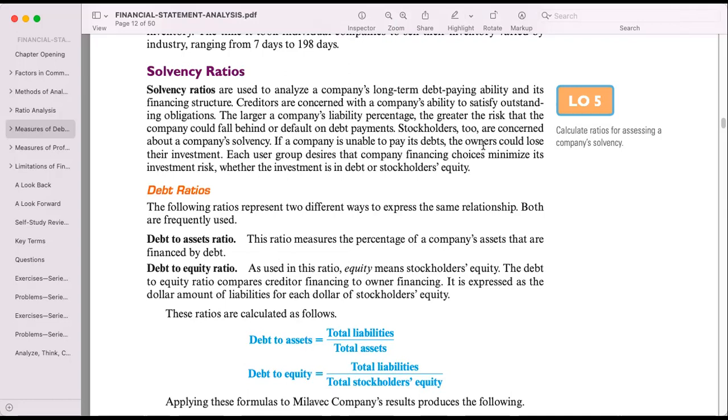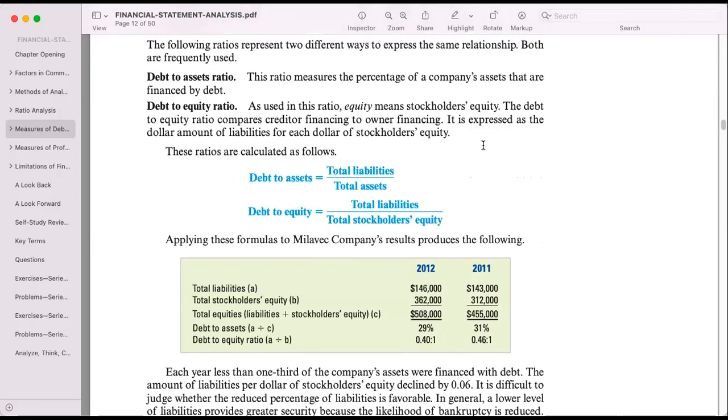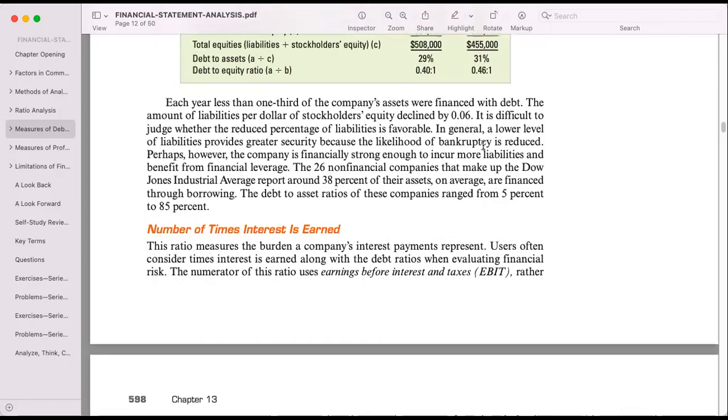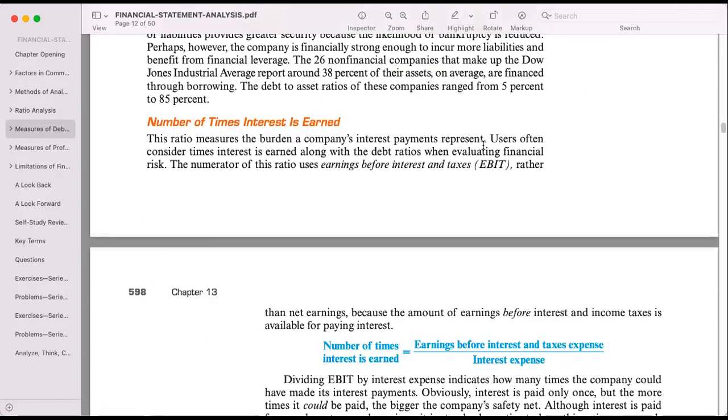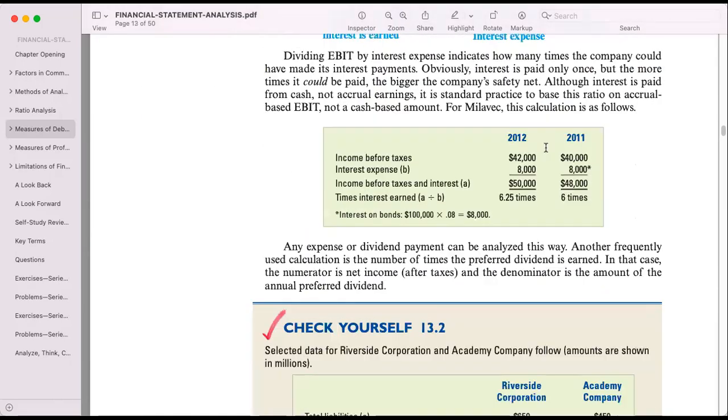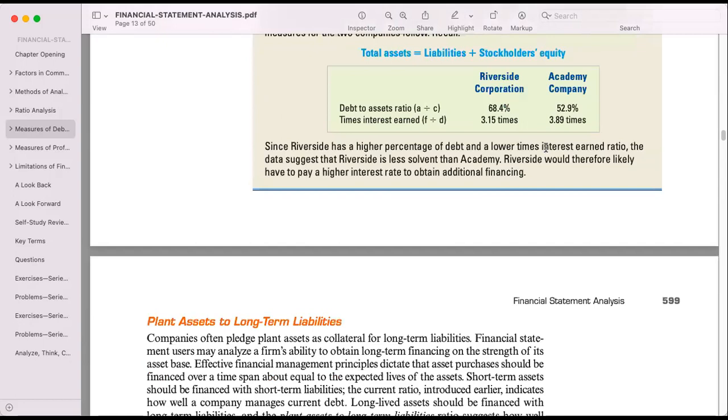So financing structure niya, how much is being financed by utang or by equity or by earnings. Because of the number of times interest is earned, these ratios measure the burden a company's interest payments represent. So users often consider times interest earned along with the debt ratios when evaluating financial risk. So medyo madugo na ito na topic if we dig deeper.